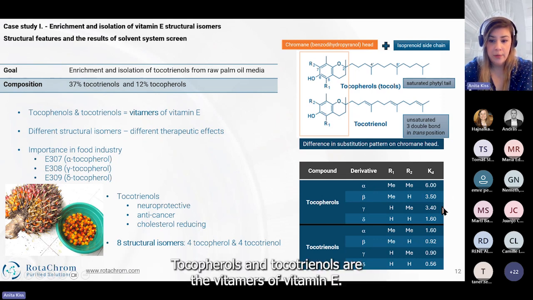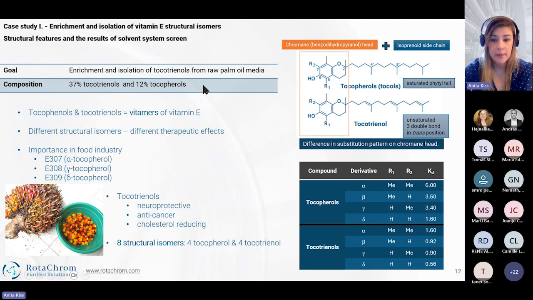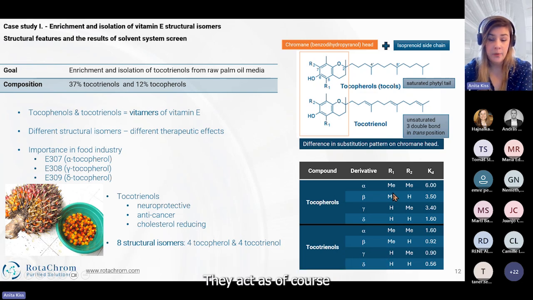Tocopherols and tocotrienols are the isomers of vitamin E. Structurally, all the isomers of vitamin E share the same heterocyclic chroman head, benzodihydropyranol head, serving, of course, hydrophilic functions. They differ only in their isoprenoid side chain on C2 carbon here. They act as, of course, lipophilic auxiliary.